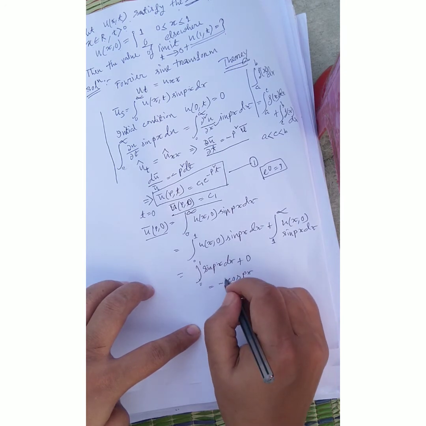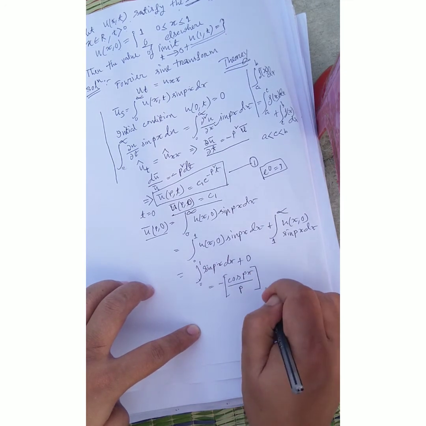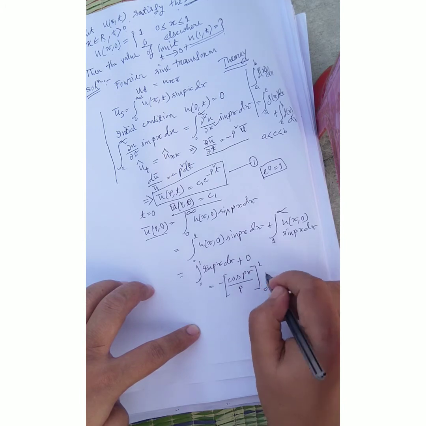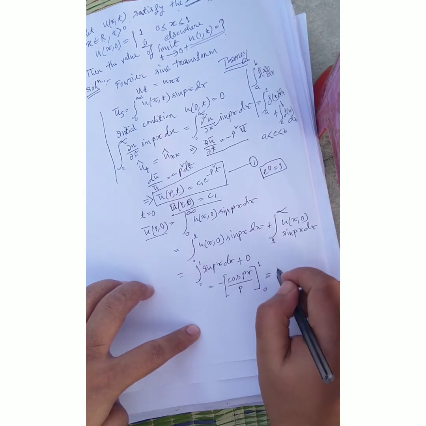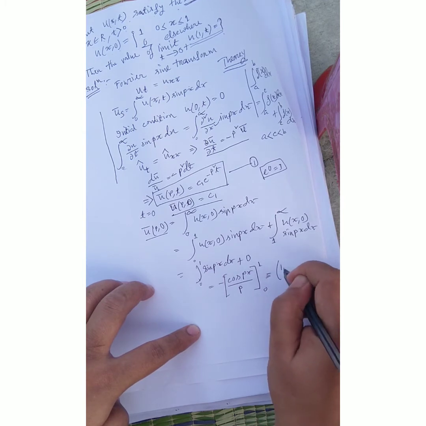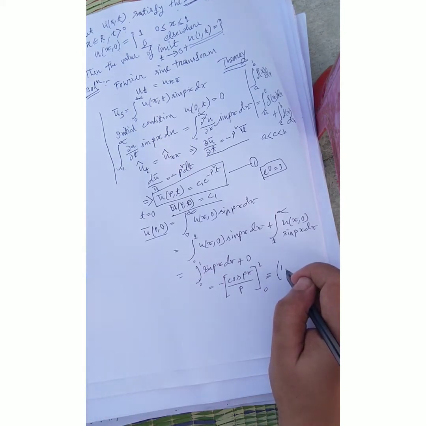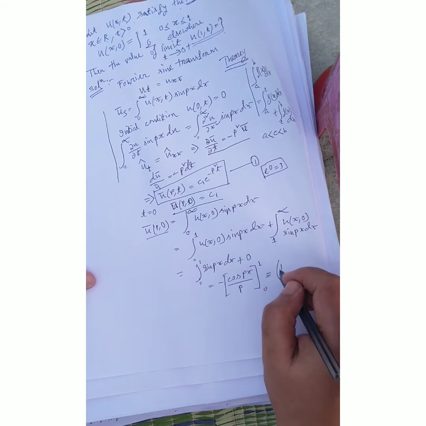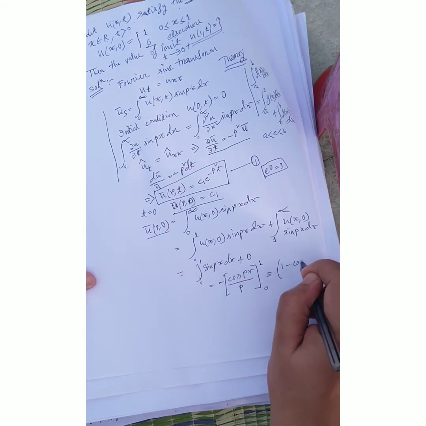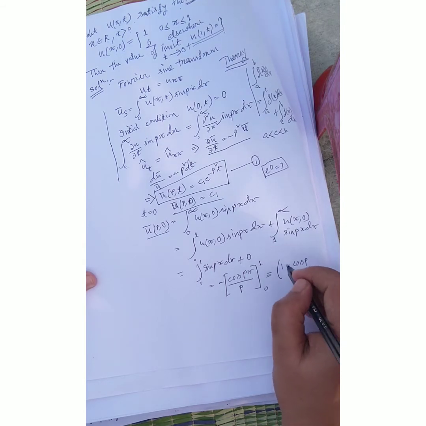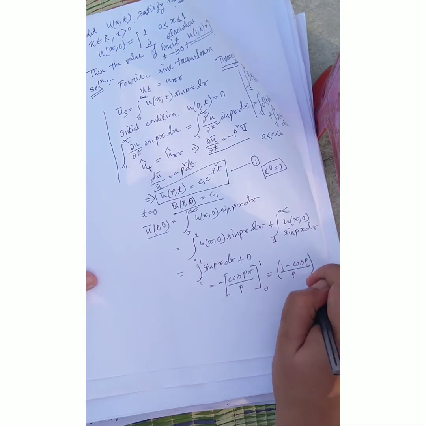Remember this integration formula, friends. When we put the upper limit minus the lower limit, we get 1 minus cos 0, which is 1, but there is also a minus sign before, so I can write (1 minus cos p) divided by p. This is a simple calculation.